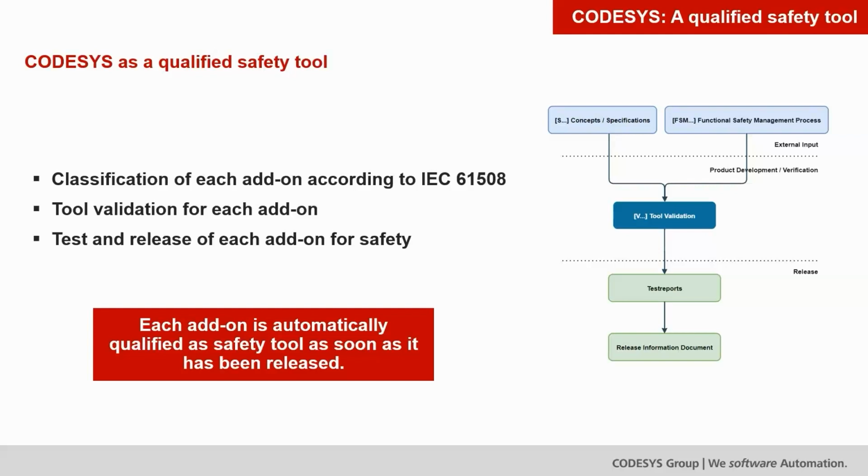So for the user or for customers, the result is that you can use almost any set of add-ons, and they are by default qualified as safety tools, and you can use any set of add-ons as a CODESYS safety tool then.